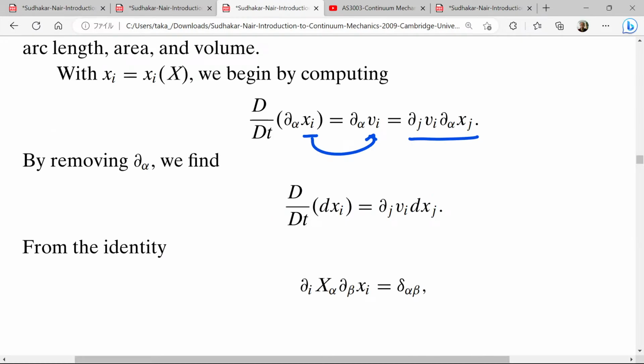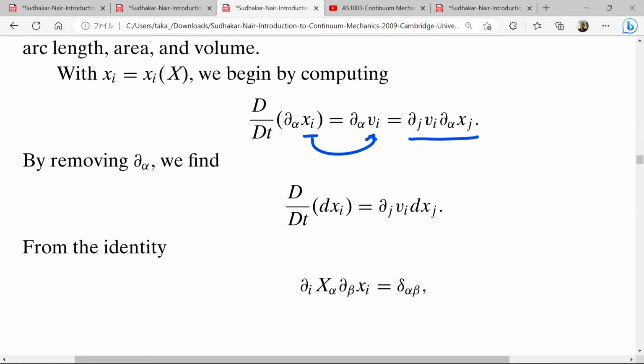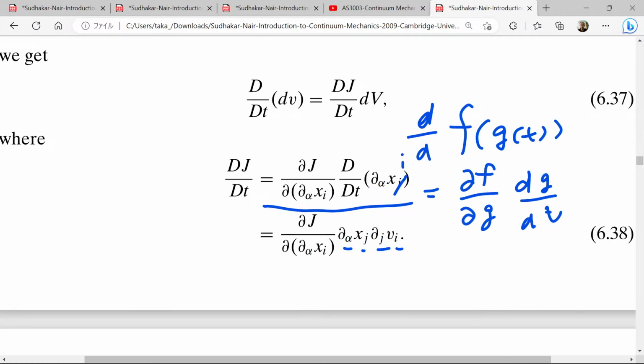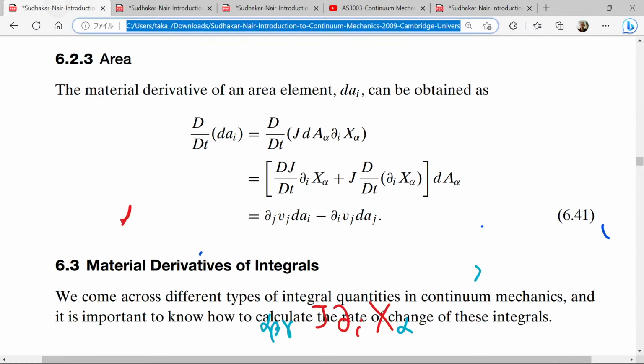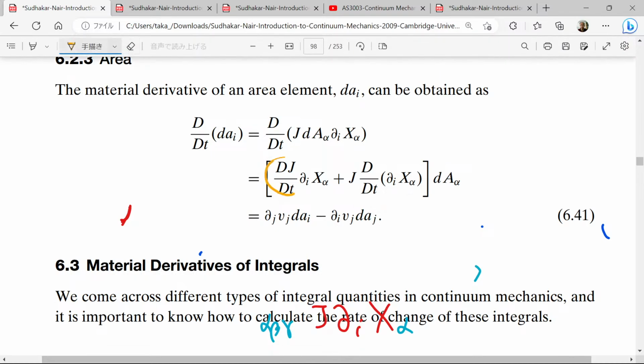So partial alpha xi is ji alpha j. Ji alpha j. So I think it's the same. Ji alpha j. Yeah. Okay. So it's just this mistake. So you have this. So this part is like this.